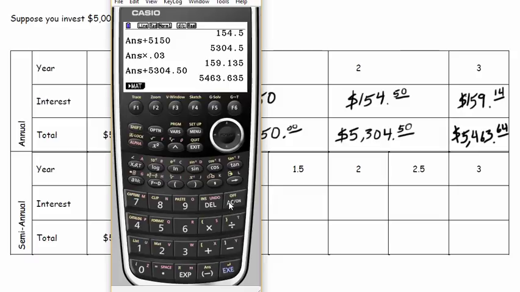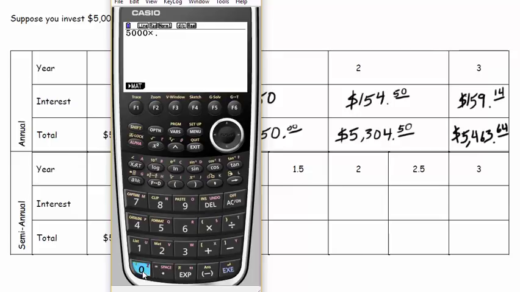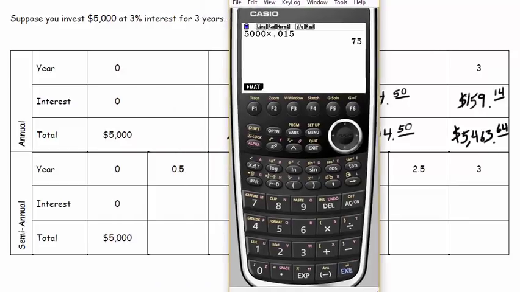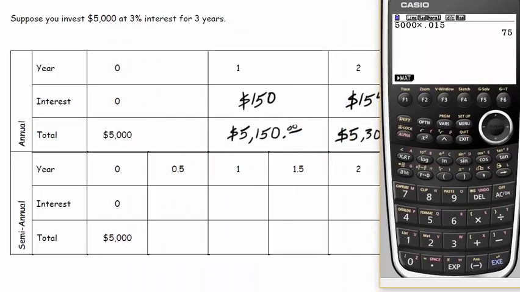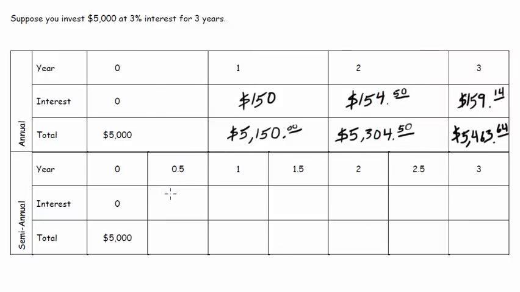So 5,000 times 1.5%, and I get $75. Okay, so now I have $5,075.